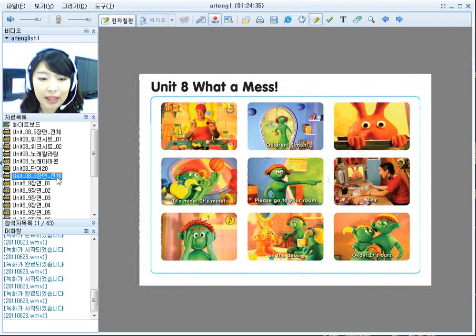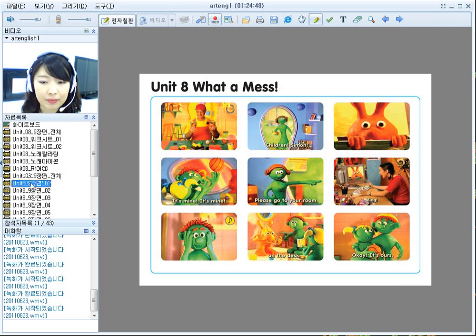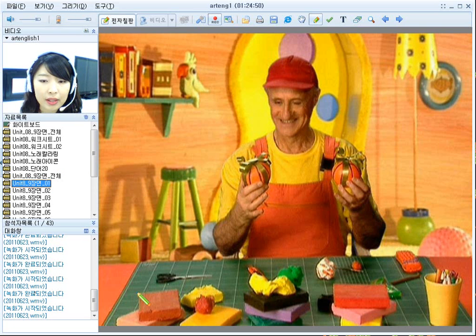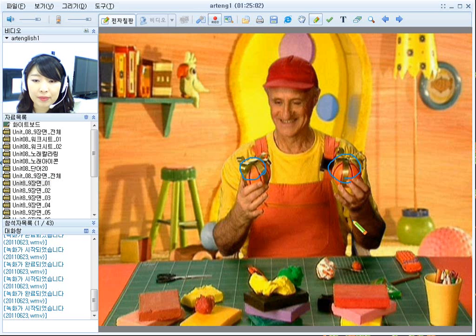Okay, and now we can move on to the story. It's Unit 8, and the title is, What a Mess! Okay, let's see. Here's the first scene. Simon has made 2 basketballs, one for Pat and one for Ned.